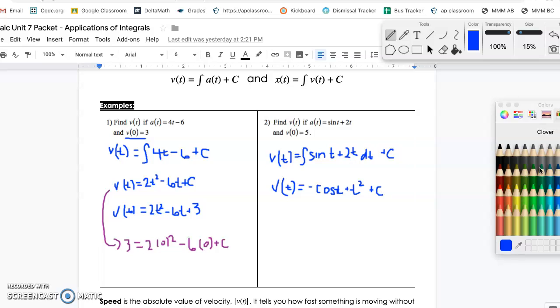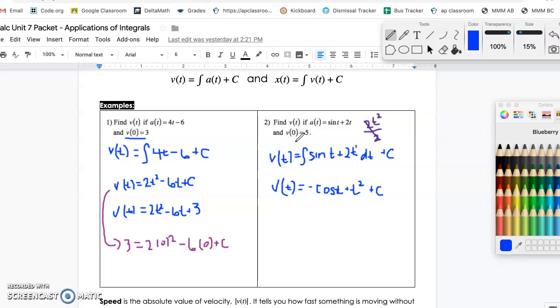And this is t squared because the antiderivative of 2t is going to be 2t squared over 2. Because we added 1 to our exponent, there's an invisible 1 there, and we divide by our new exponent of 2. The 2's cancel out, and you're left with just t squared.